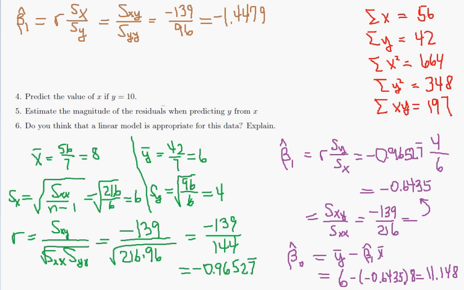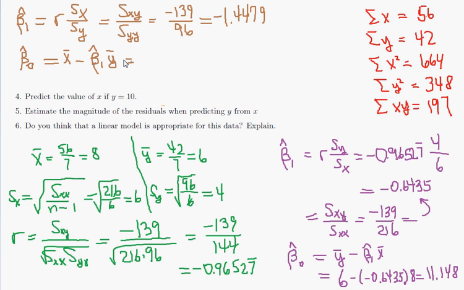Beta 0 is going to be, well, before it was y bar minus beta 1 hat times x bar. This time it's the reverse, x bar minus beta 1 hat times y bar.